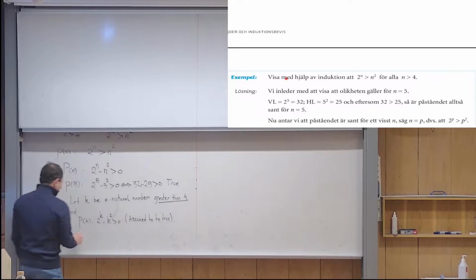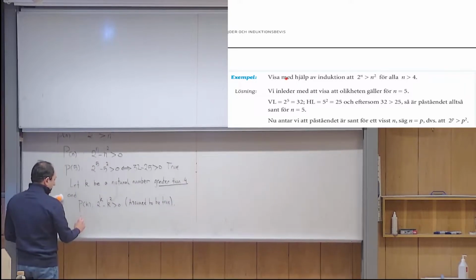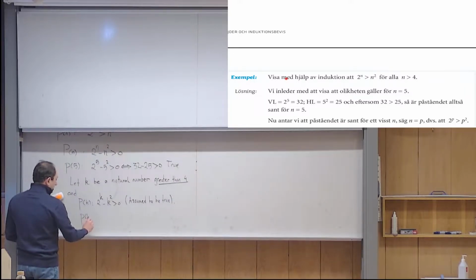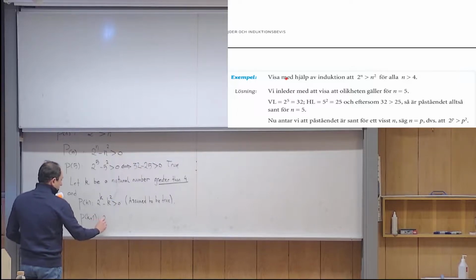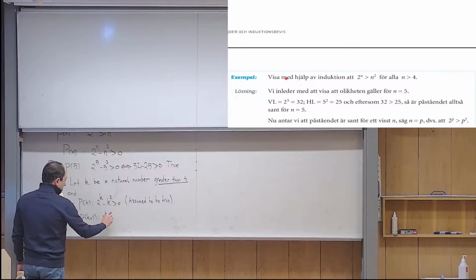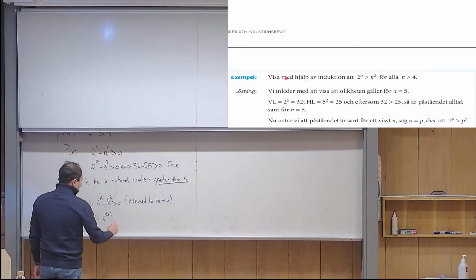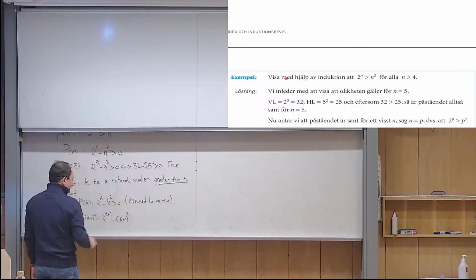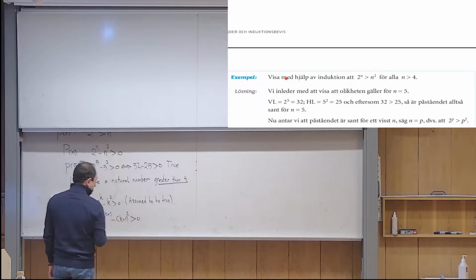Now we want to prove that P(k+1) is also true. So P(k+1) is 2 to the power of k+1 minus (k+1) to the power of 2. We want to see that this is also positive.